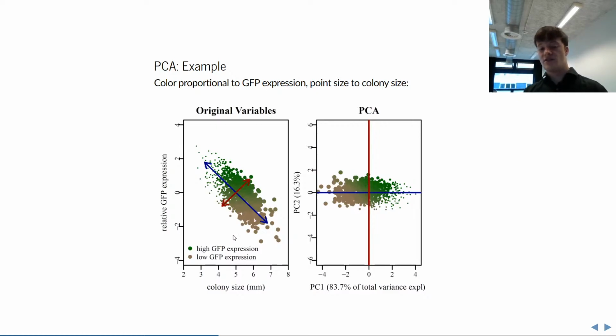I've also colored it, so the brownish ones are low GFP expression, and the green ones, the brighter they are, the higher the GFP expression. This will stay the same throughout the other examples. And the size of the points represents the colony size. Of course, it is not necessary to give it colors and to give the symbols different sizes, because we already plotted both dimensions. But once we get to 3 or 4 dimensions, this will be useful.